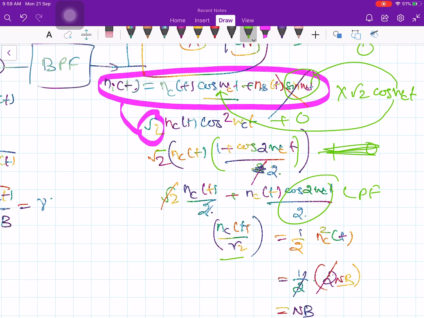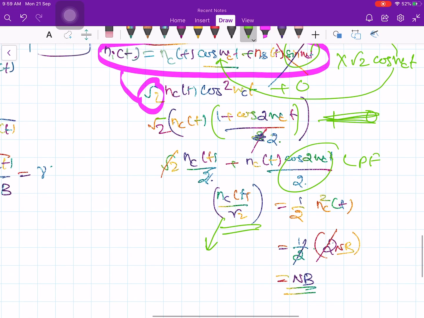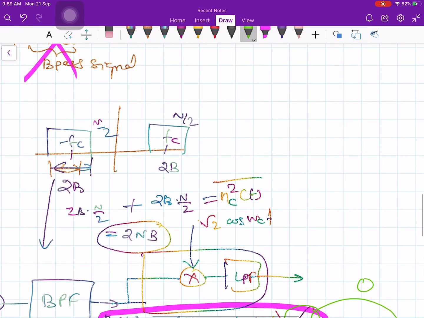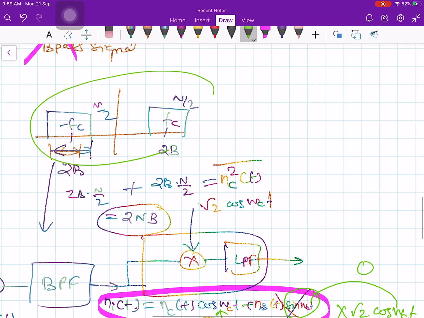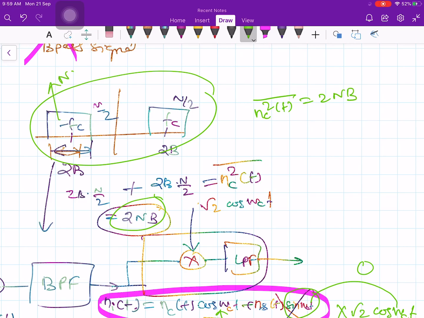What is the power of this guy? nc square of t divided by square of root 2, that is 2. Now this one we already know from this bandwidth calculation. From this figure we got it. That is equal to 2NB. From the negative frequencies you will get NB power, and here we get NB.